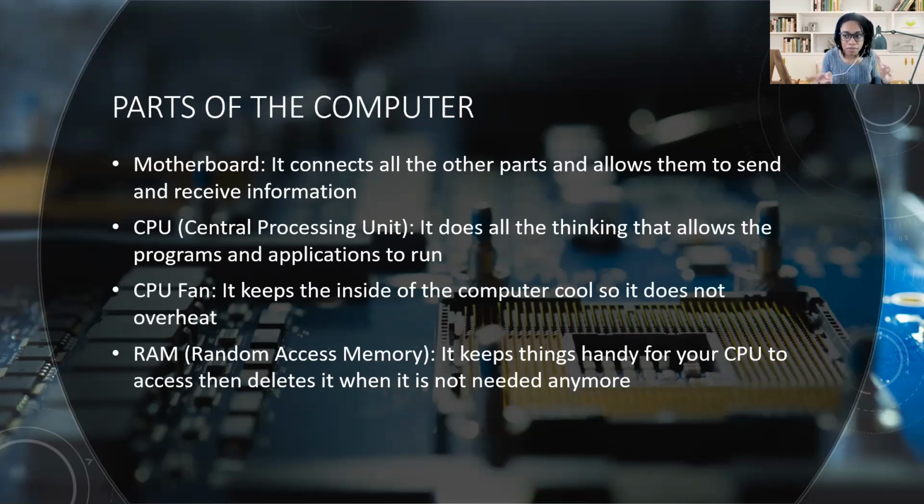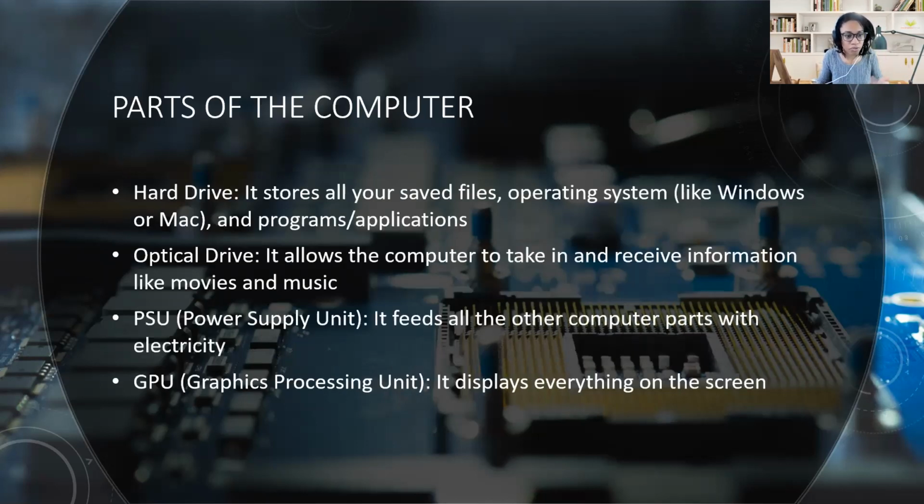I like to think of the RAM as the short-term memory of the computer, whereas the hard drive, which stores all of your saved files, your operating system, and programs and applications, is more like the long-term memory.